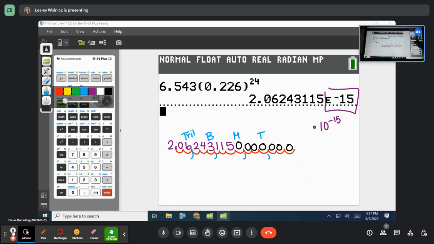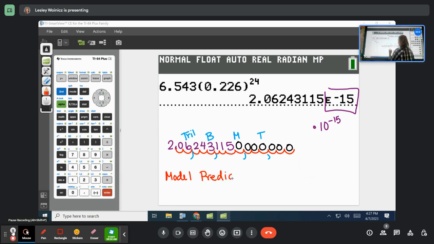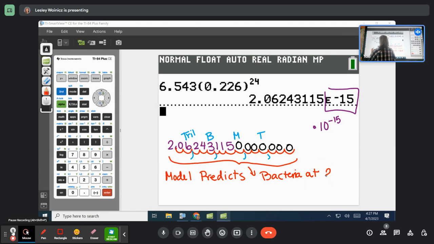So the sentence would be something like, model predicts this many bacteria after or at 24 hours.